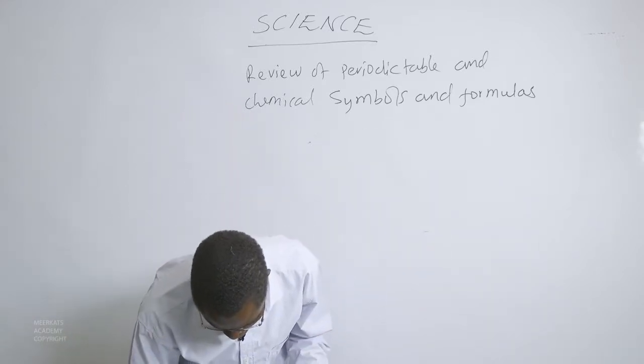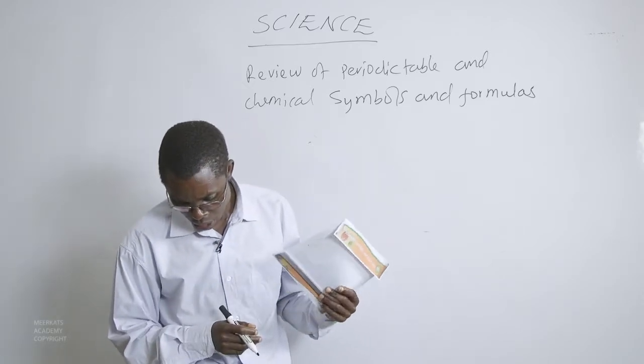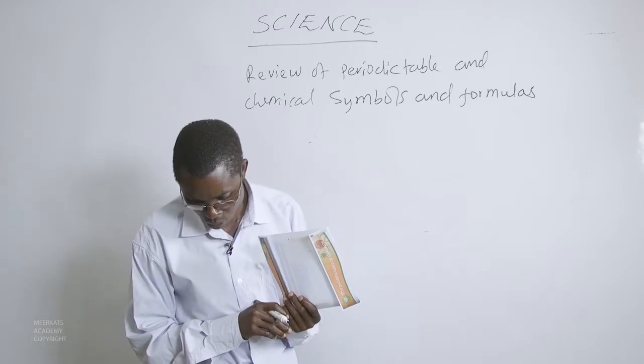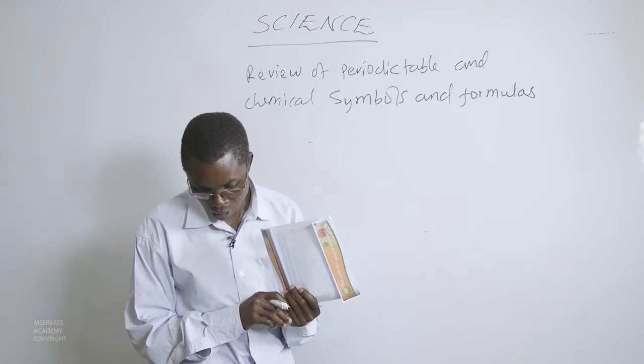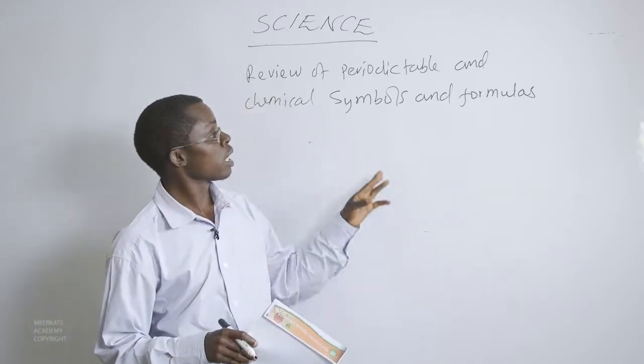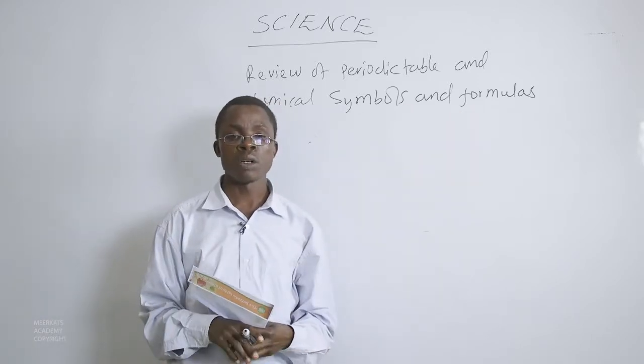Another question is, predict how many nitrogen atoms will be in a molecule of the compound dinitrogen pentoxide. Now this one is taking us to symbols and formulas.